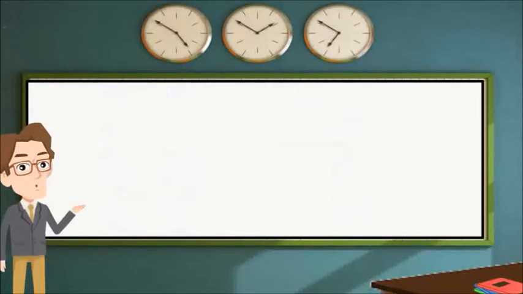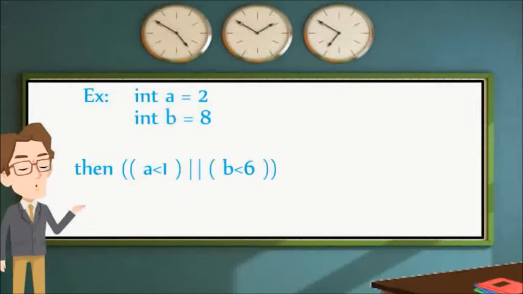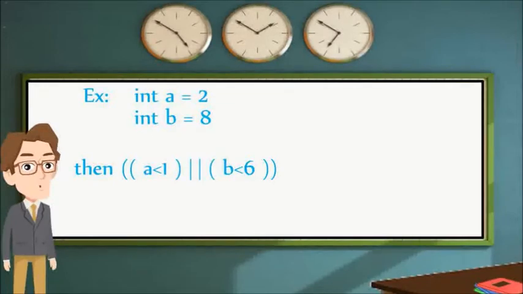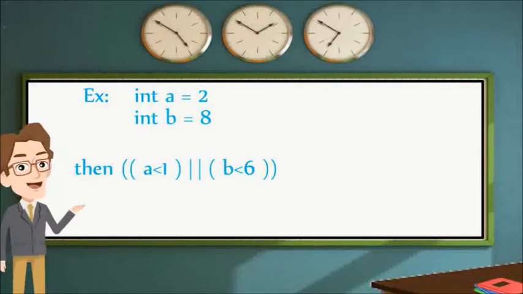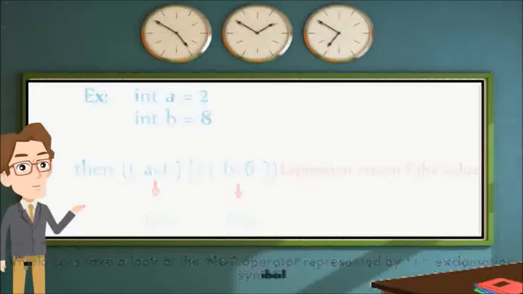For example, int a equals 2 and int b equals 8. So if a is less than 1 || b is less than 6, both are false, so the complete expression returns false.